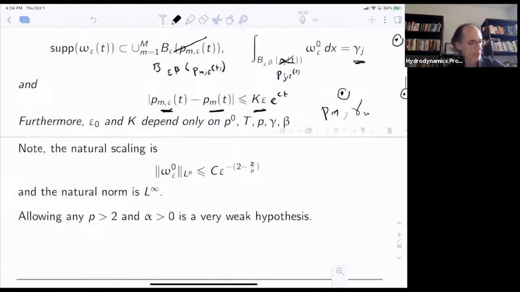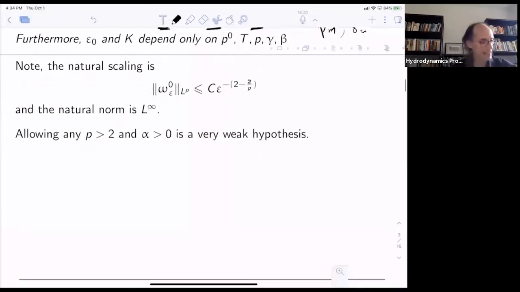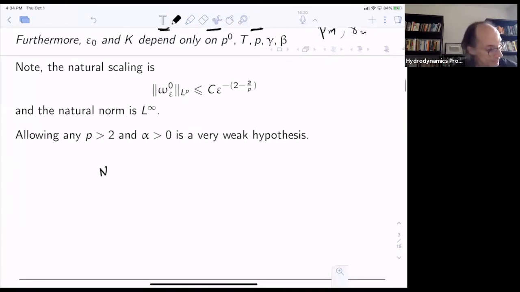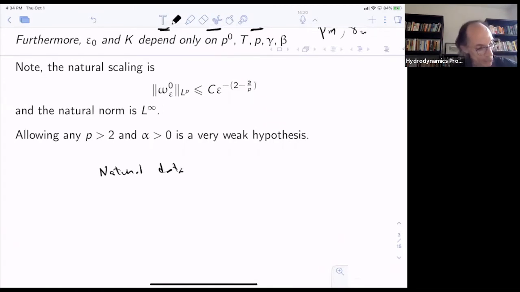Here's the remark about the hypotheses. So the natural scaling is, the natural initial data looks like this: omega epsilon 0 is, well, I take some omega naught and I rescale it in a way that preserves the L1 norm.